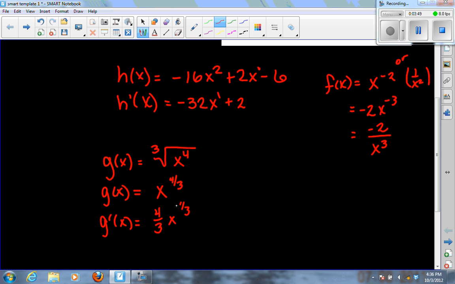It's traditional to convert this back to a radical if the question was posed as a radical, so you would want to say 4/3 times the cube root of x, or 4 cube root of x over 3. So that is how you do the power rule with derivatives.